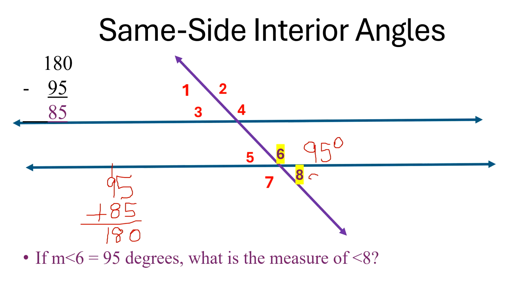This is 85. So try to get used to these numbers. And if you understand what the formula is saying, you're okay. You can always do 180 minus 95. You're here. 10 minus 5 is 5. This is 7. Borrow the 1. 17 minus 9 is 8.